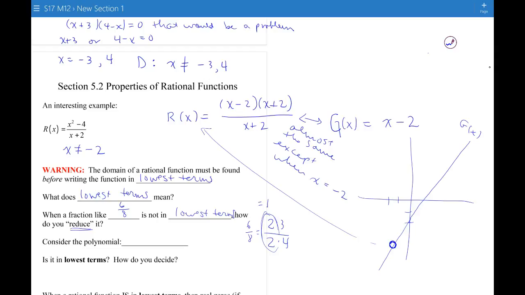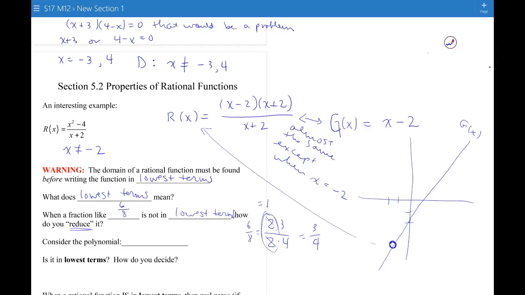And multiplying by 1 doesn't change anything, so that's why we cancel. The factors that match in the top and the bottom become a 1, and multiplying by 1 doesn't do anything, so we can make them go away.